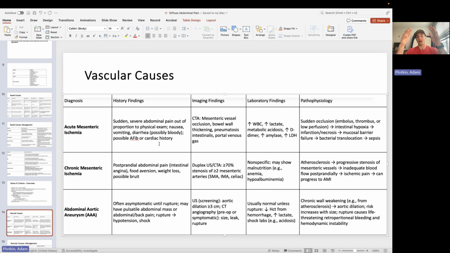Basically, AFib is causing this chronic fibrillation of the atria, right? This stasis of blood in the atria can then cause a thrombus to form. That thrombus likes to sit in the left atrial appendage. Every now and then it can shoot out, right, and embolize, and can classically embolize to the mesenteric vessels, okay?